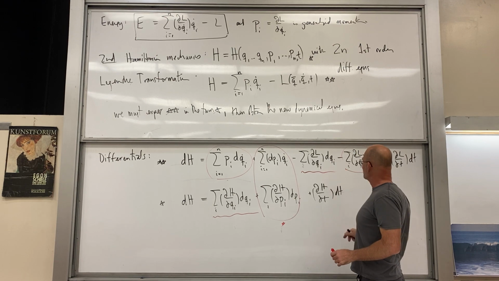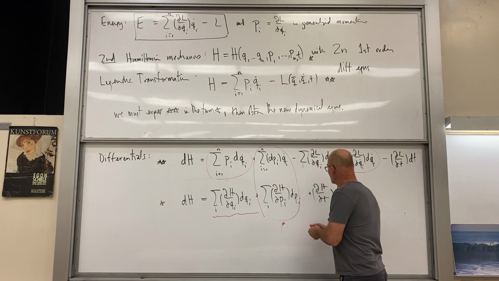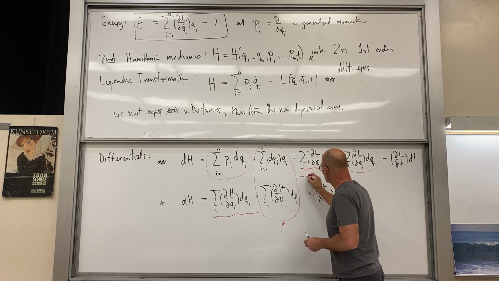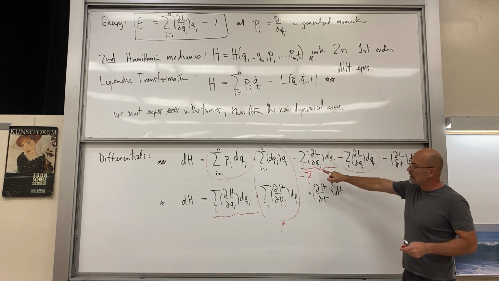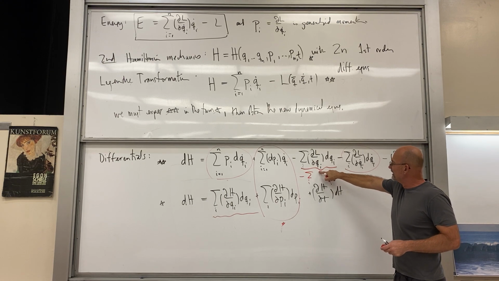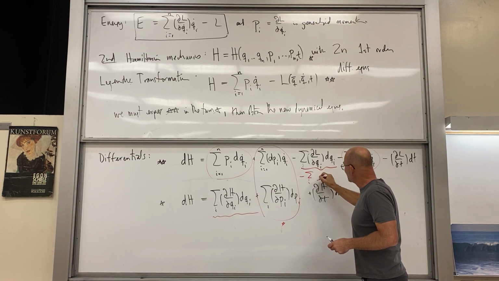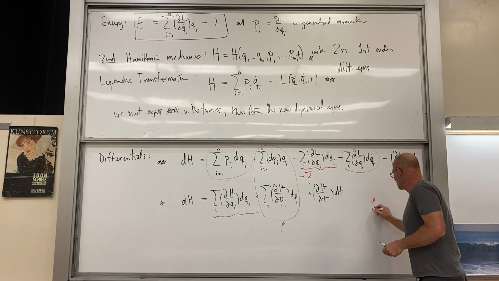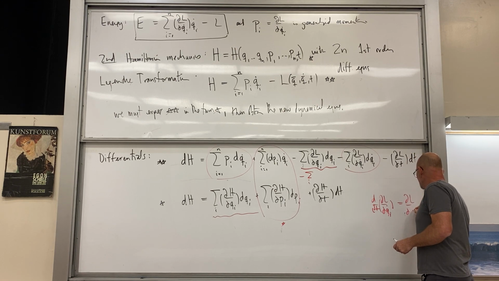So dq_i, dq_i. I have to do one more step here. That's why I wanted to leave a little room here. So let's see what we have here. This is actually minus the sum. Using the Euler-Lagrange equation, this is d/dt of partial L partial q_i dot equals partial L partial q_i.